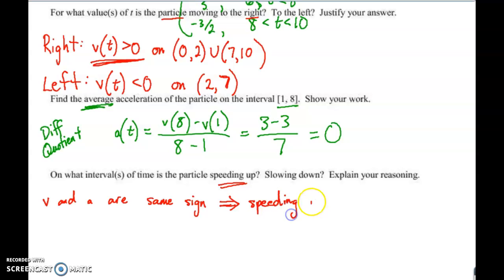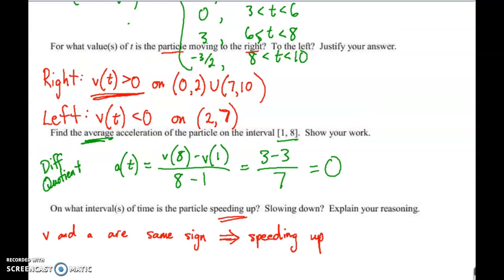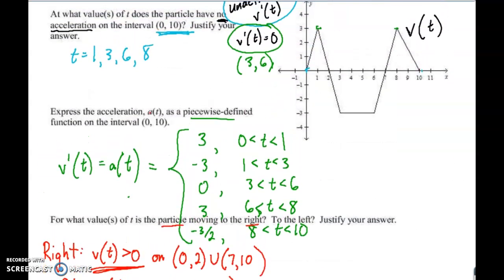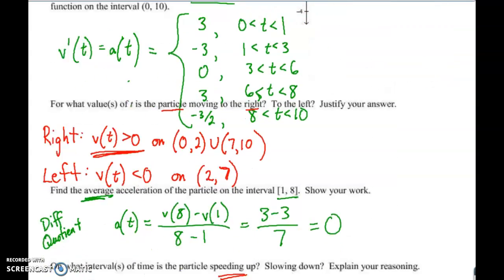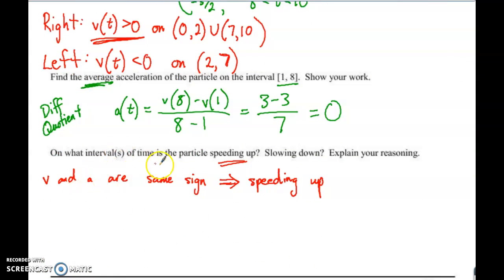There's nothing wrong with writing your justification first and then going to the problem and saying, okay, well, if I'm positive, I also need to be increasing. So you could even give that reason for why velocity and acceleration are the same sign.